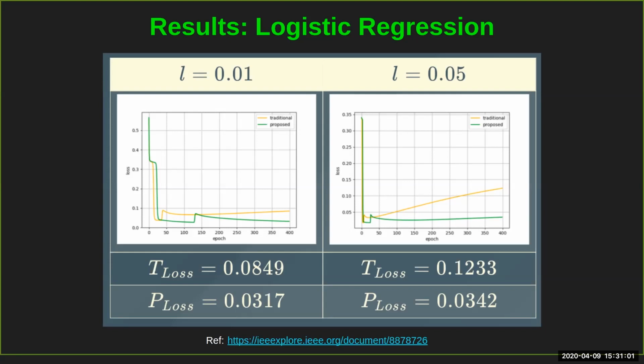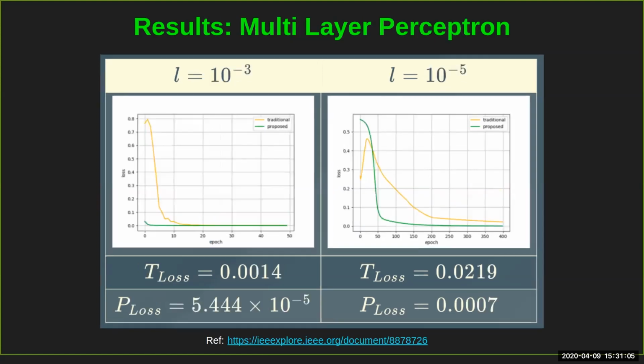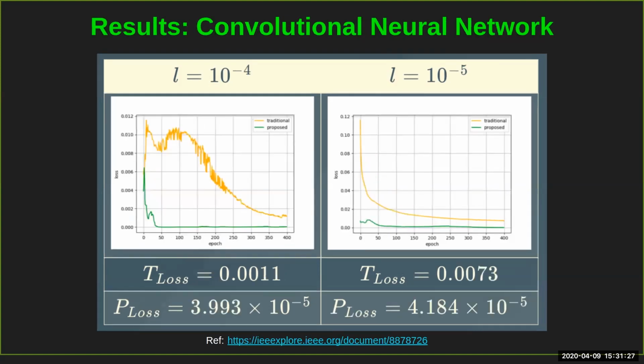I tested this method on different target algorithms also. Here we have used a multi-layer perceptron, commonly known as a neural network. Again, we have achieved better results with our proposed approach than the traditional approach. And the same goes for convolutional neural networks. Here we are getting very good results.